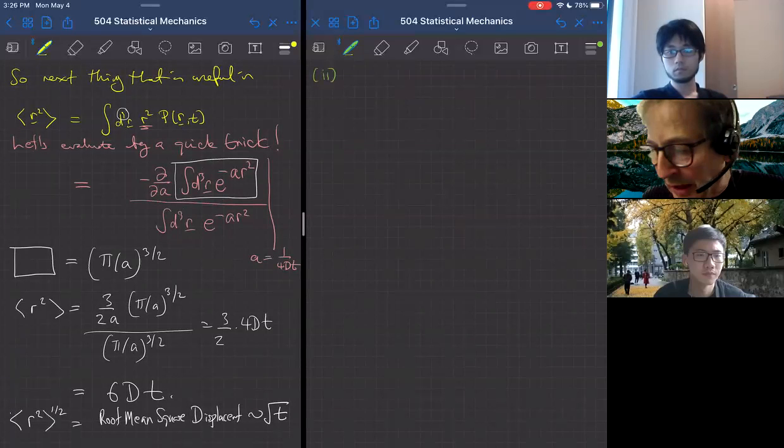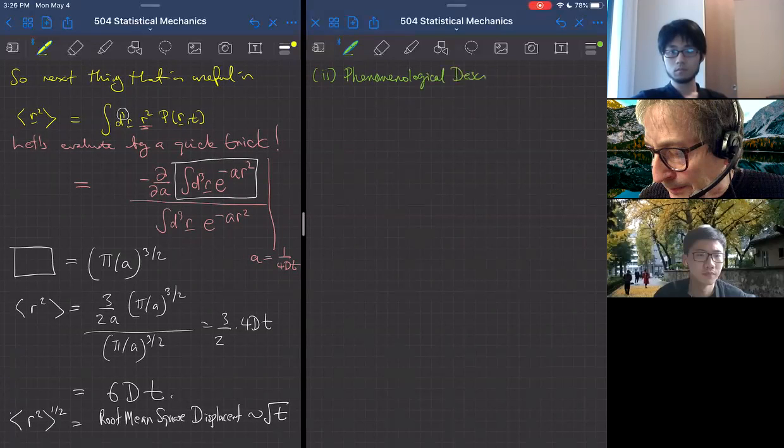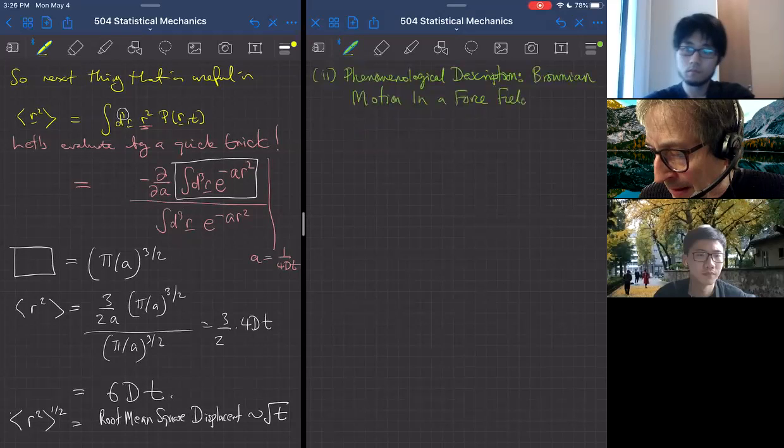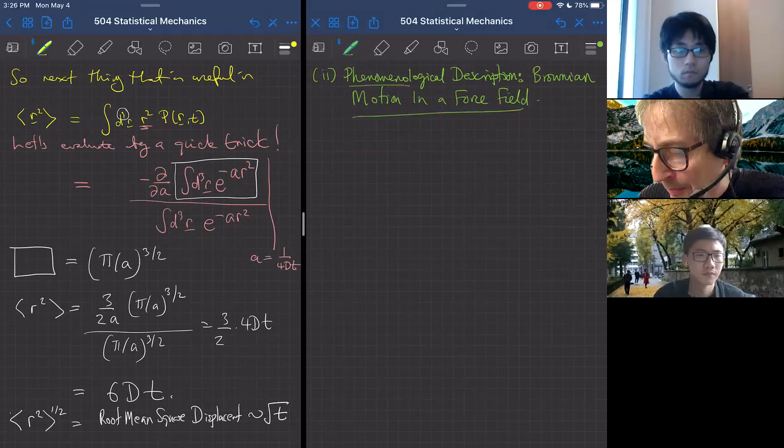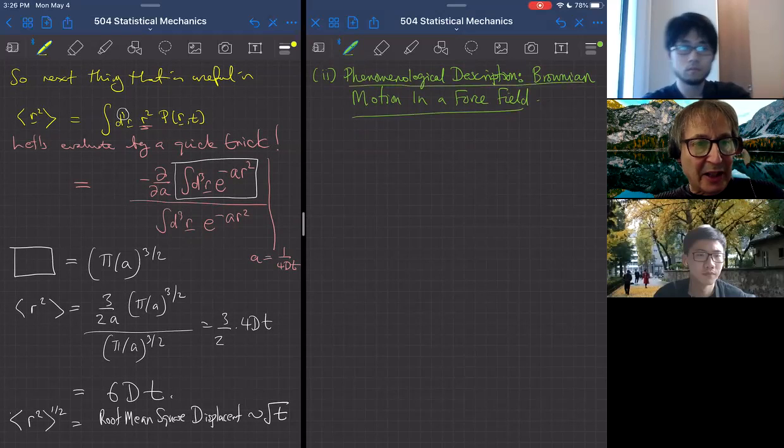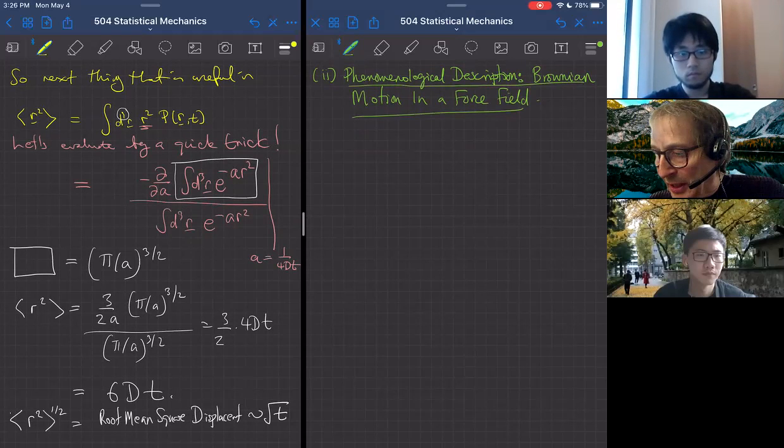So now what I want to do is switch gears and talk about the phenomenological description. For that, what we're going to look at is Brownian motion in a force field. Why we do this will become apparent in just a minute. So this is going to be a different type of description.